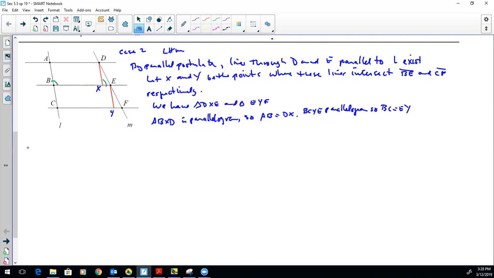Angle ABE, this green one here, is congruent to angle DXE, because these are parallel lines cut by a transversal, so they're corresponding angles.